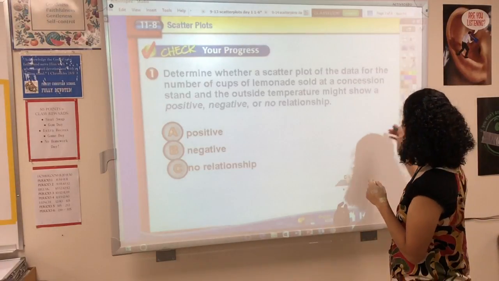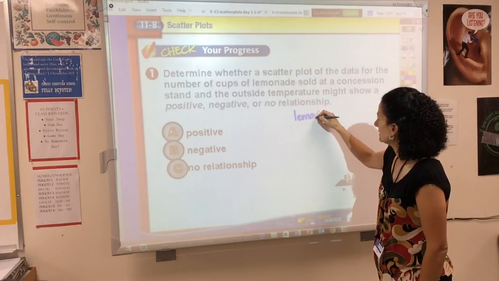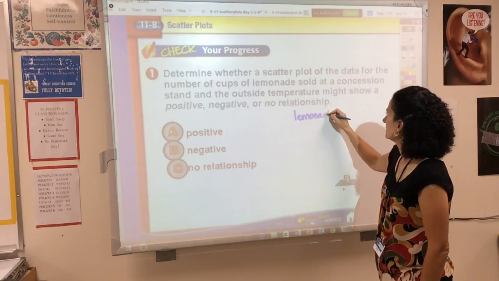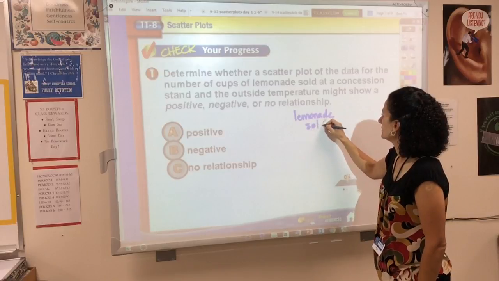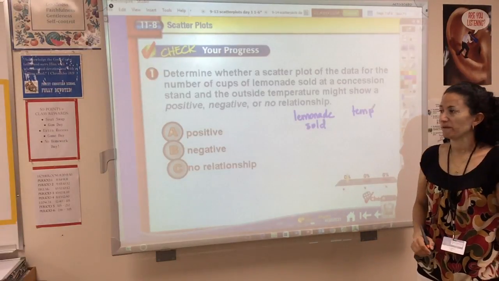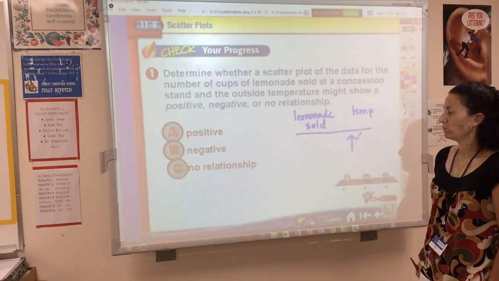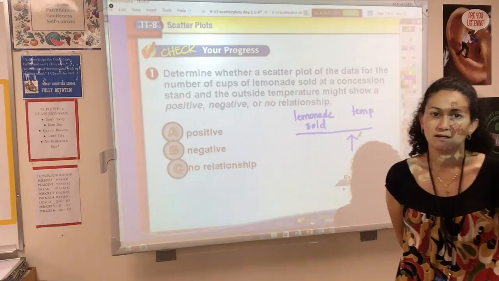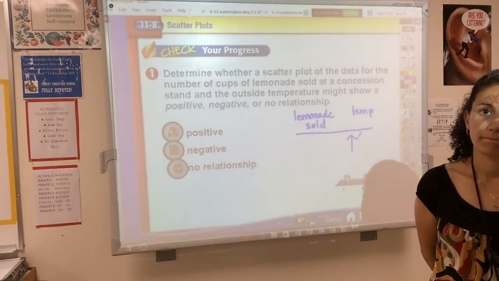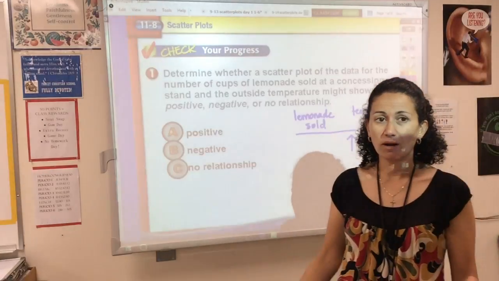So, I want you to think in terms of increase, decrease. So let's talk on two variables: lemonade sold and temperature. Let's think about this. As temperature goes up, what do you think the lemonade sales are going to do? Hopefully you said they're going to go up.